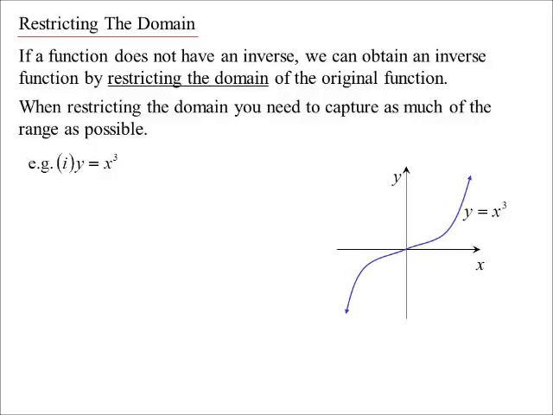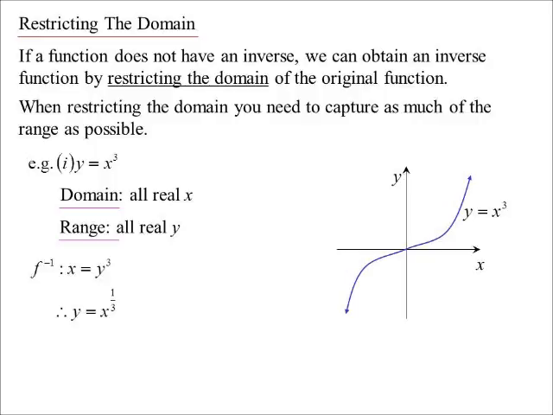So let's go back into our beautifully drawn y equals x cubed. The domain is all real x, okay? The range is all real y. Watch what happens when I swap them round. Right, x is y cubed, so y now becomes x to the power of a third.